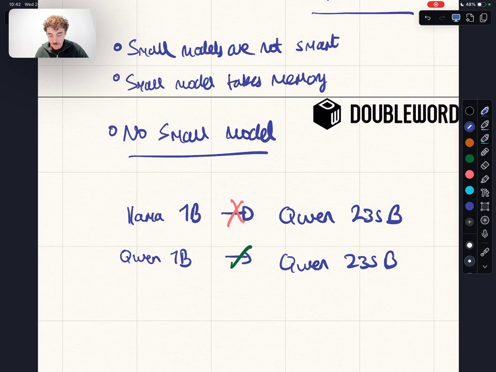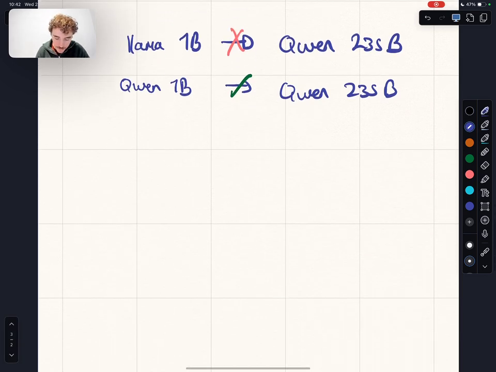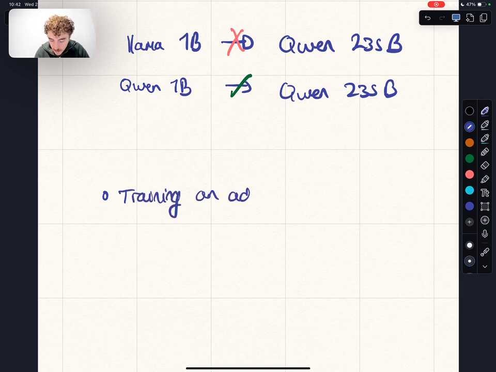So there are a few other sources of draft tokens that people have looked at. Some ideas include training an additional head for the language model, which outputs tokens in the future that you can use to speculatively decode from.